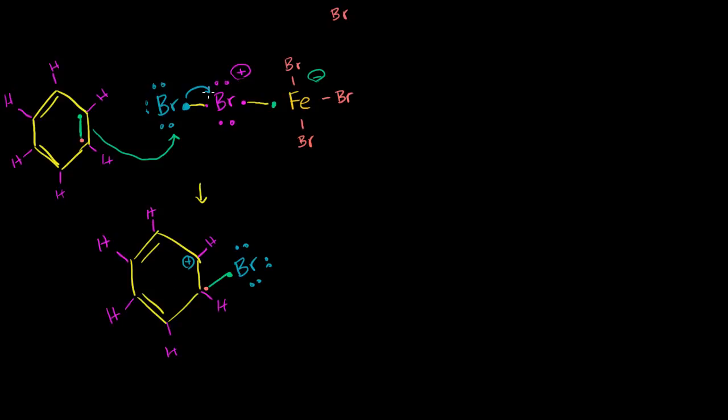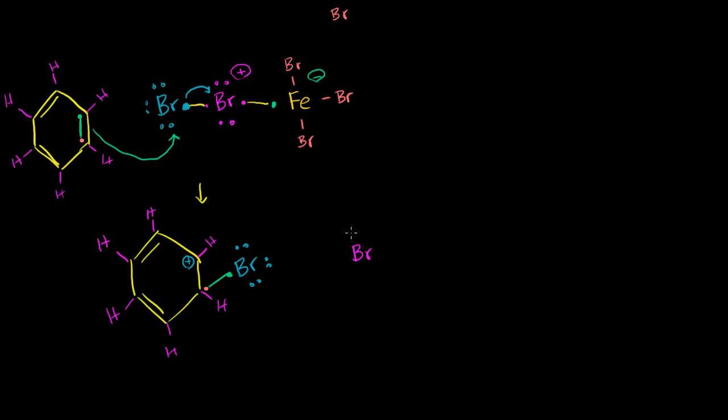And then this molecule over here, what's it going to look like? Well, this bromine had a positive charge. Now it gained an electron. Let me draw it. So you have your bromine. It gained an electron, so now it is neutral again.